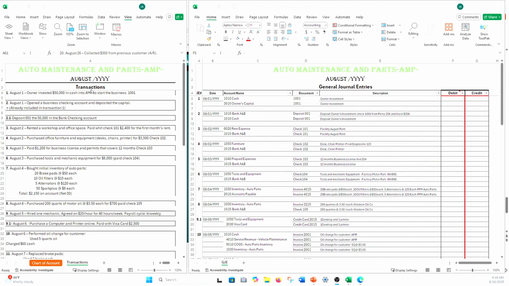So please assume that every single thing that I just wrote here is a source document, and let's start. On the other side of this one, I just created these journal entries using the chart of accounts and the transactions.